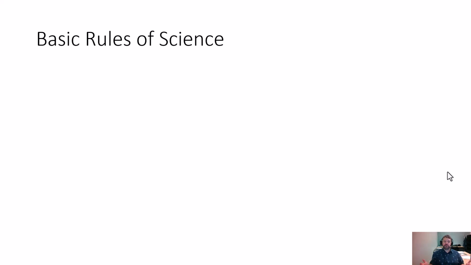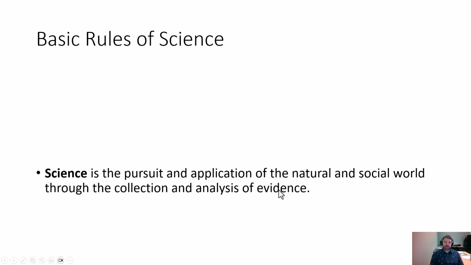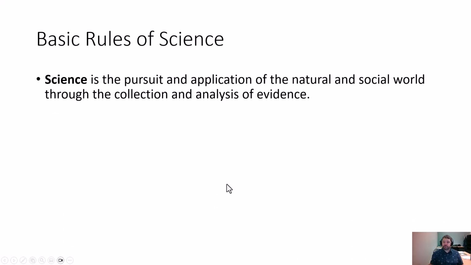Because often environmental science is looking at the role that humans play in the environment, or the effects of humans on the environment. Okay, so basic rule of science, it's pursuit and application of natural social world, but the biggest piece is the collection and analysis of evidence.